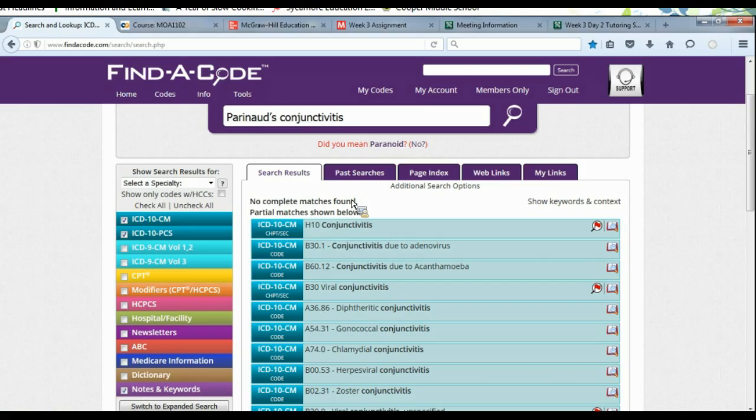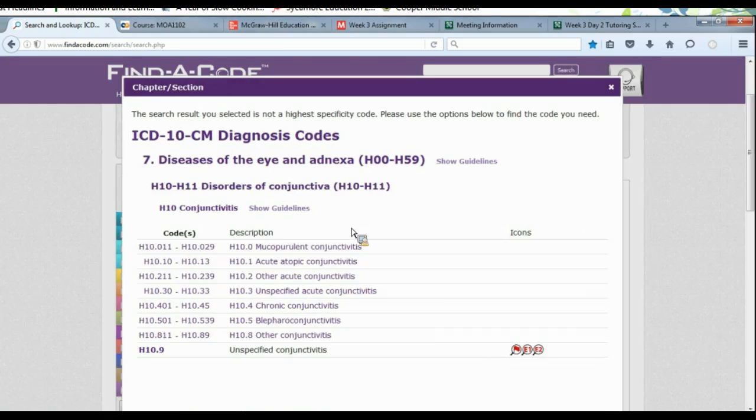When you type in paranoid conjunctivitis, you have no complete matches, but you have partial matches shown below. If you click on the actual disorders of conjunctivitis, then you will see a variety of selections.